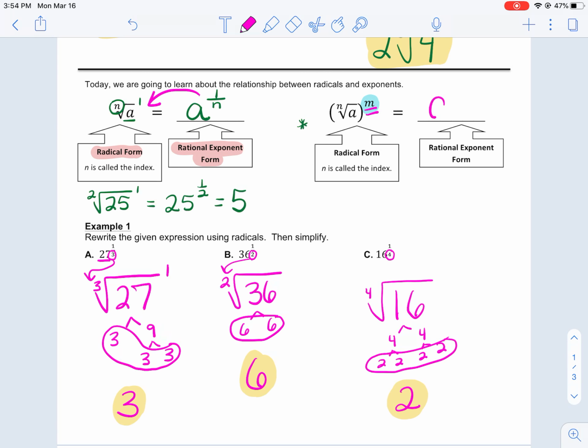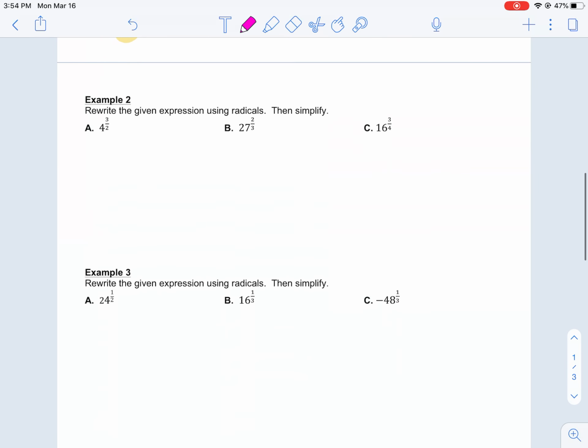So if your rational exponent form looks like a to the m over n power, notice n, the index, is the denominator, but now the numerator is something other than a 1. So if you see a number right here, these two numbers go together. Again, that will make more sense when we look at an example.